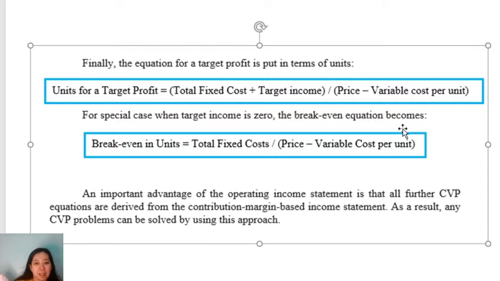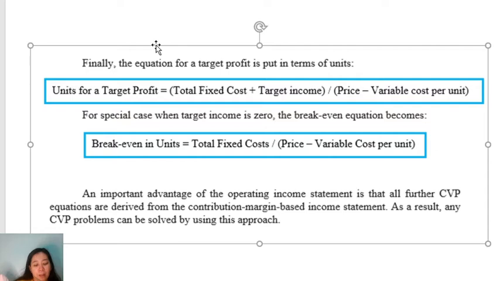Here, this is the break-even equation. So we will discuss first the break-even equation.